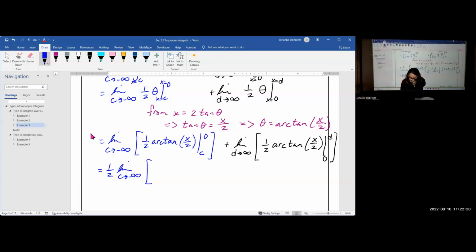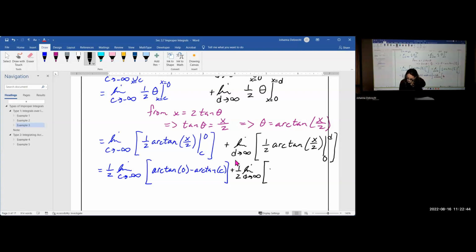So I'm going to go ahead and evaluate that now by writing it out a little bit. So I have arctangent of the upper limit of integration minus arctangent of the lower limit of integration. Then I have the second one, and again, I'm going to factor the 1/2 out. Then I have the limit as d goes to infinity, and I can tell I'm running out of room.